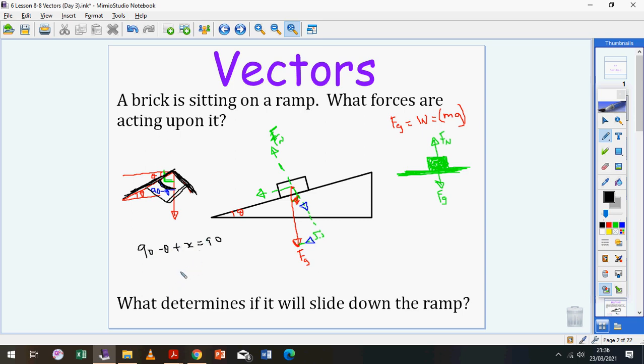So this inside angle here is also theta. That's what I was showing you here, that this little angle inside here between the gravity and its vertical component is also theta.